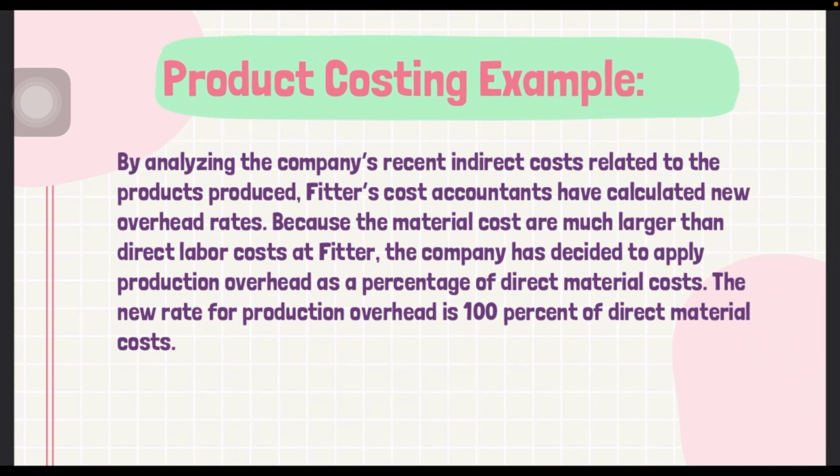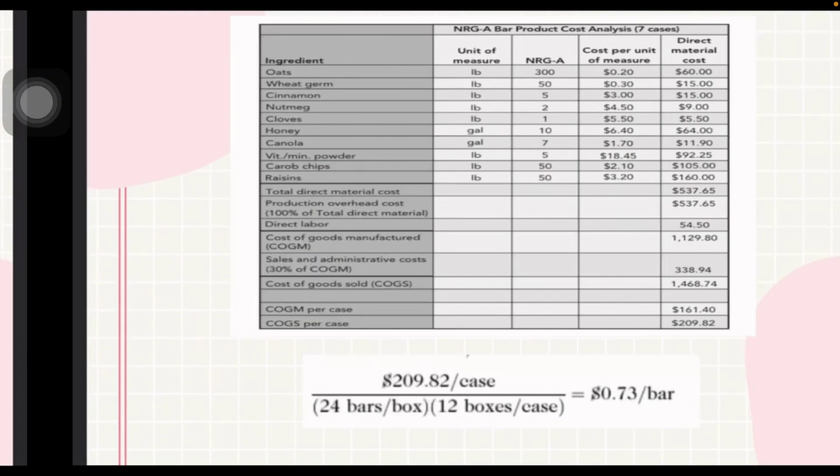So figure 5.8 shows the product cost analysis for the NRGA bar. The cost analysis is based on 7 cases of bars, which is the amount of bars that can be produced by a 500-pound batch. This information is repeated in the cost analysis of each of the materials listed below.